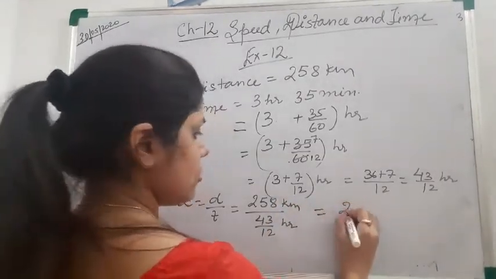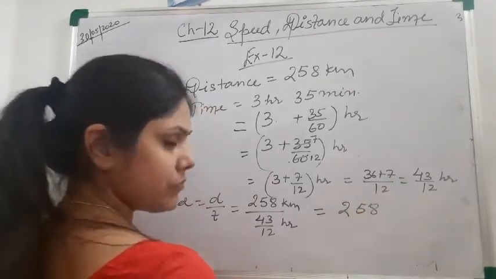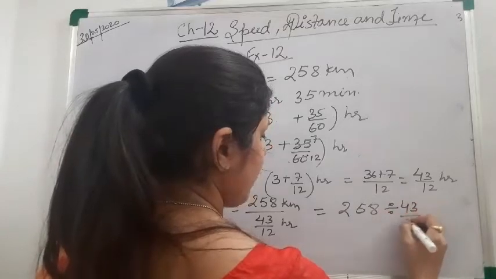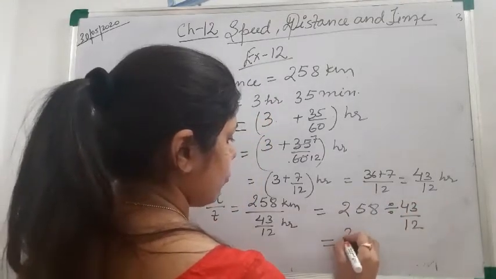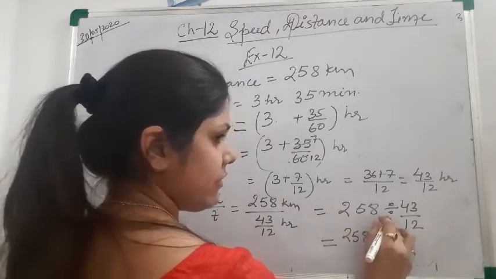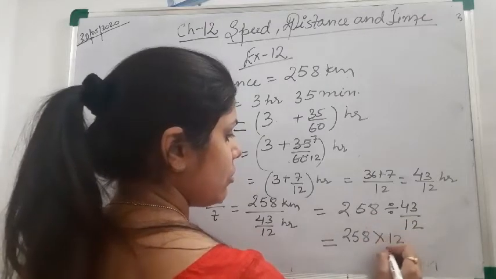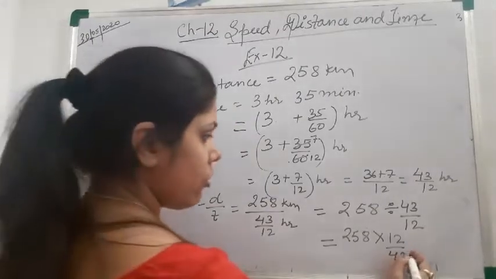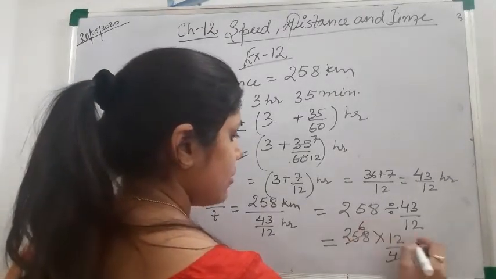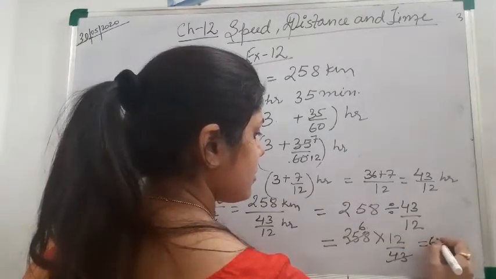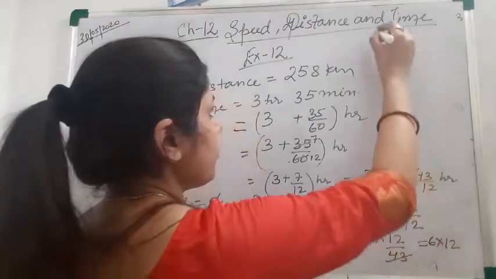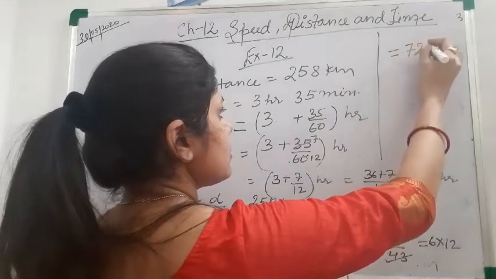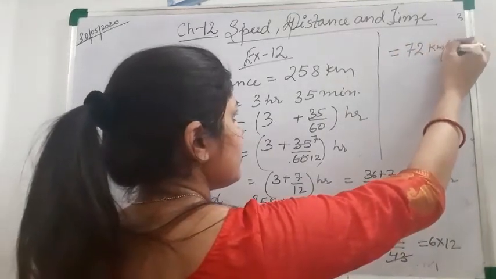Let us solve this. 258 divided by 43 upon 12: division becomes multiplication, so 258 into 12 upon 43. When you solve this, 43 sixes are 258, so 6 into 12 gives 72 kilometer per hour.